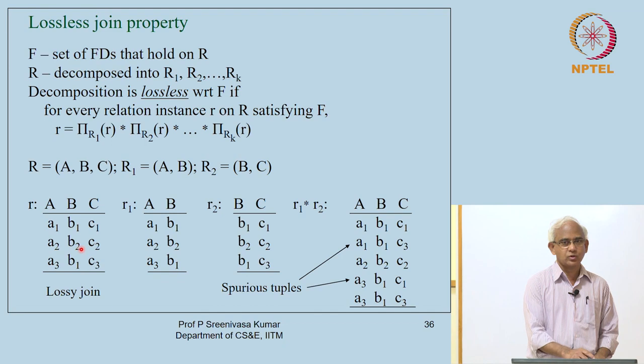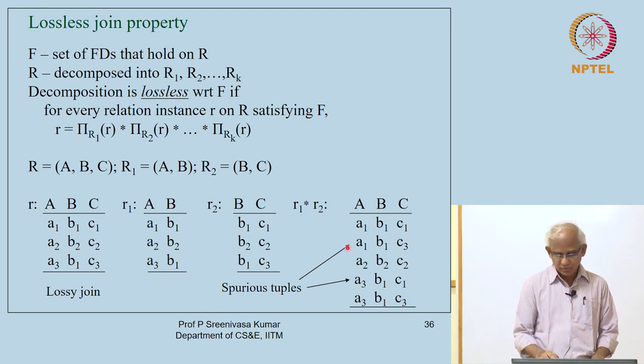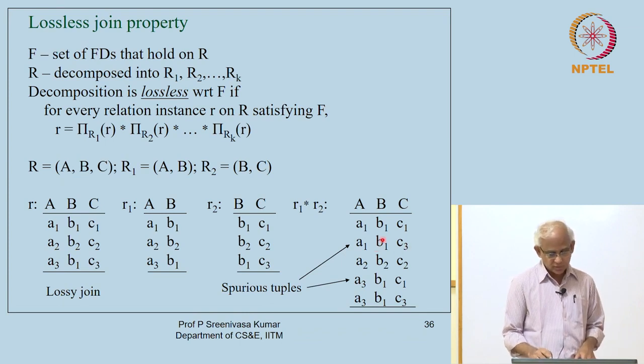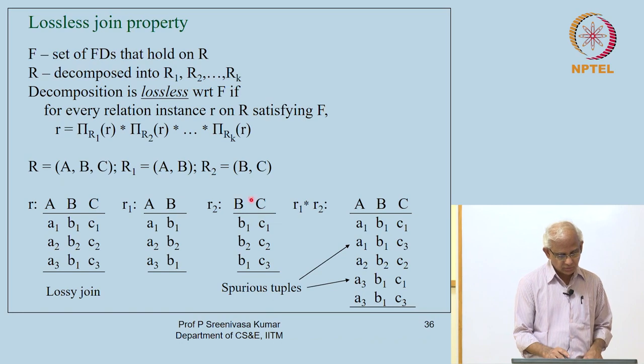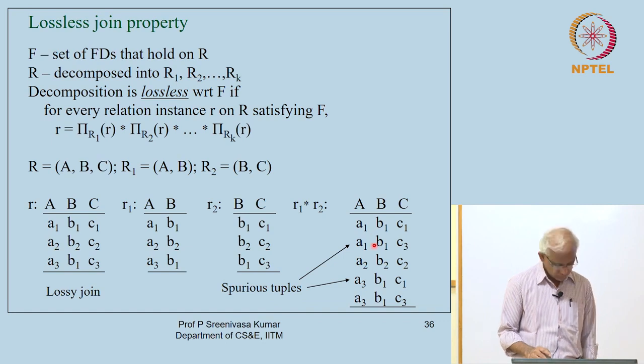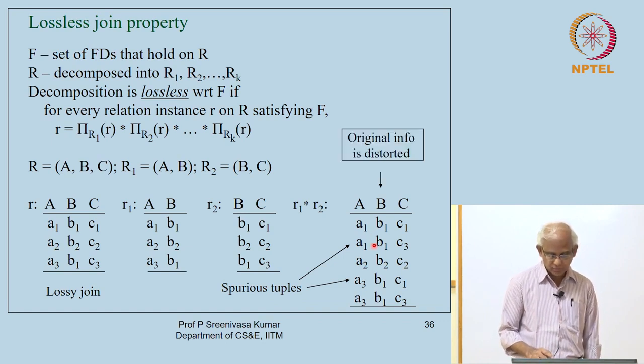So, it is possible that you will get some spurious tuples, these tuples are called spurious tuples. Some extra tuples will come into the picture, and because of this, this particular decomposition is called a lossy decomposition.